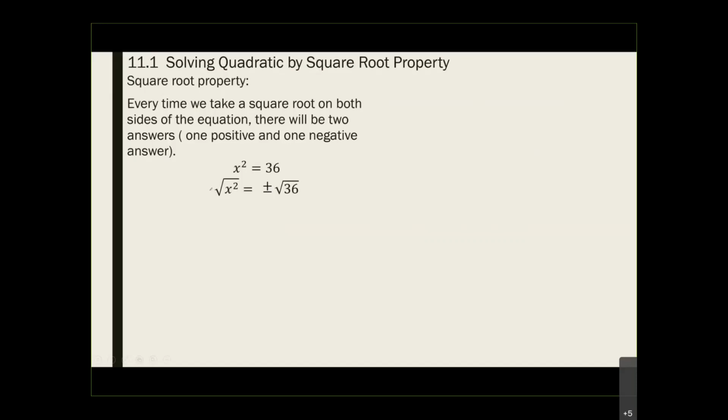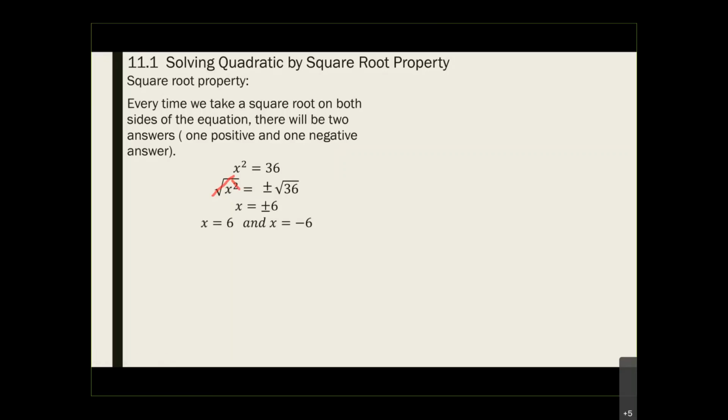And reminder, the square root and the square cancel each other out. The only thing that is new is that you have two answers. The plus and the minus just tell you that there are two answers, one positive and one negative.